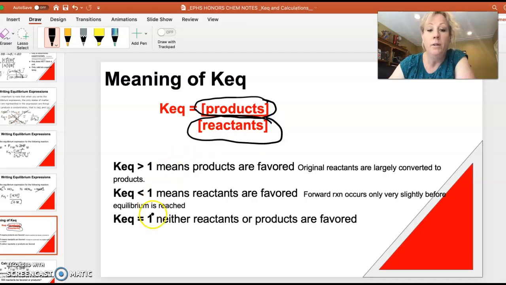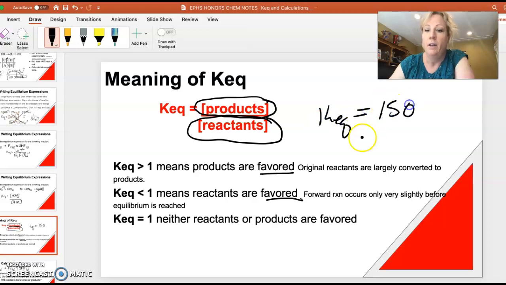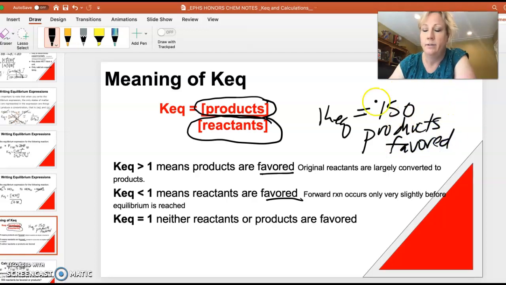And equal to 1 would mean that you don't really have, we use the word favor. So if we have a KQ of, let's say, 150, we're going to say products are favored. And what that means is we're going to have more product than reactant. So if it's equal to 1, then you're not really going to have one or the other more favored.